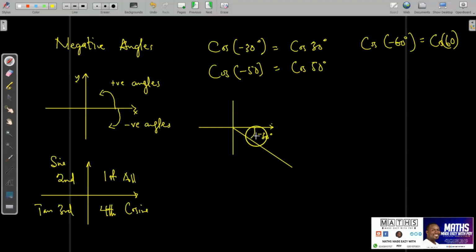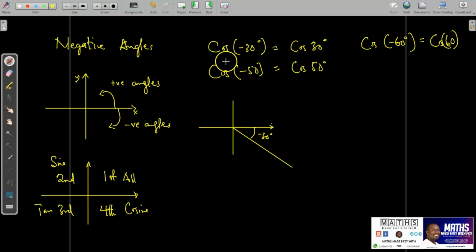But what is the behavior of cos in the fourth quadrant? We found that cos is positive in the fourth quadrant. So cos of negative 30 degrees, even though it is a negative angle, is going to be positive, because cos is positive in the fourth quadrant.